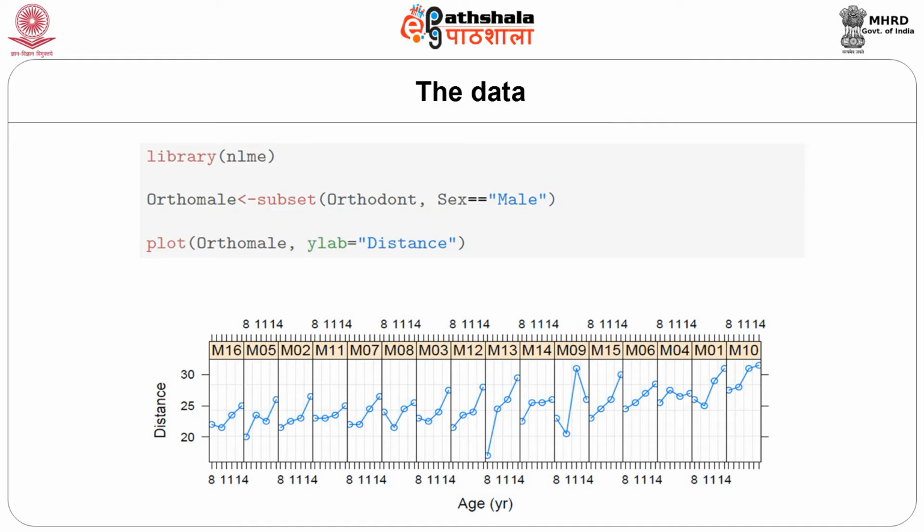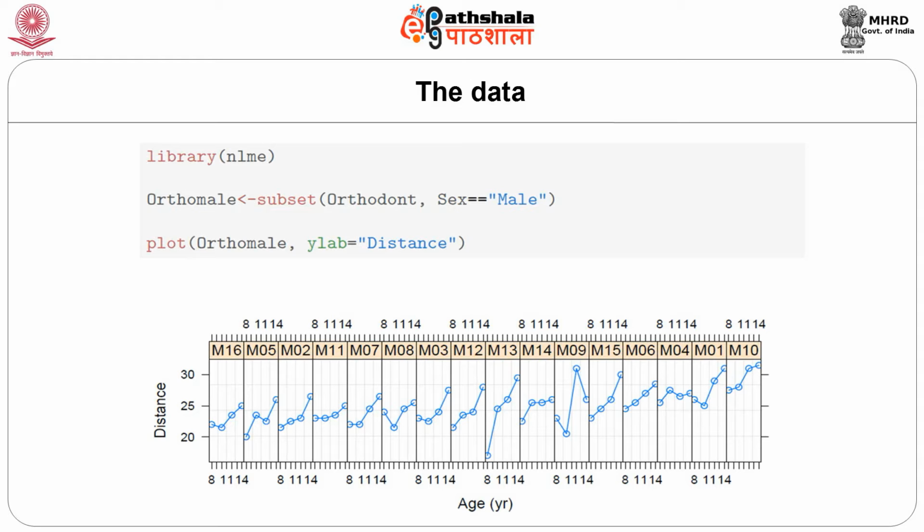We can see here there is a lot of variation, or maybe say male 7 versus male 9 or male 15 or male 1. So, internally there is a lot of variation among the growth trajectories of the individual subjects, the subjects here being boys.